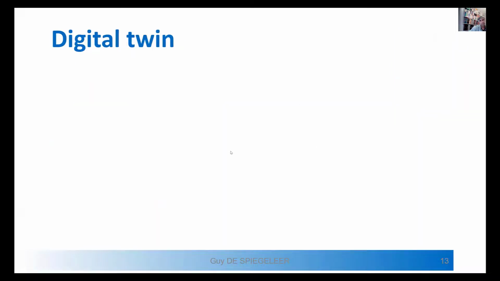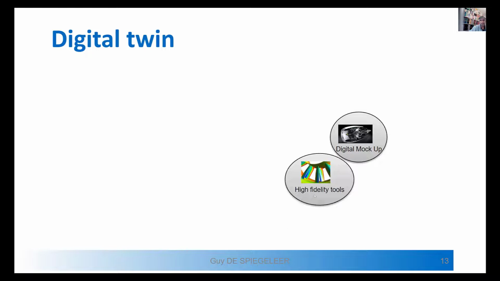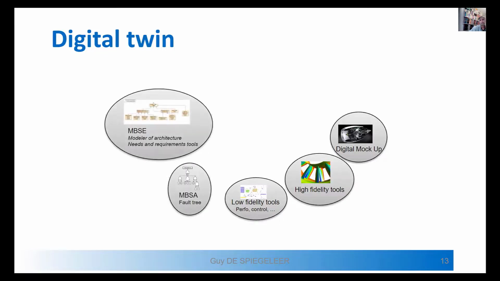So what is a digital twin based on this definition? It's a digital mockup. This is a geometry. It's also high fidelity tools that you connect to the geometry to evaluate their behavior. This is also low fidelity tools, probably systems tools and monophysics systems tools, like dynamic behavior or performance or acoustics. This is also the model used to evaluate the architecture, what we call the general MBSE, model-based system engineering, model of architecture.